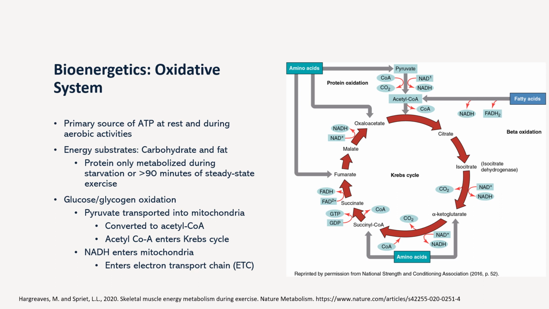Despite activation of the oxidative pathways in skeletal muscle during exercise, accelerated rates of glycolysis result in the production of lactate, which accumulates in muscle and blood, particularly at high exercise intensities.